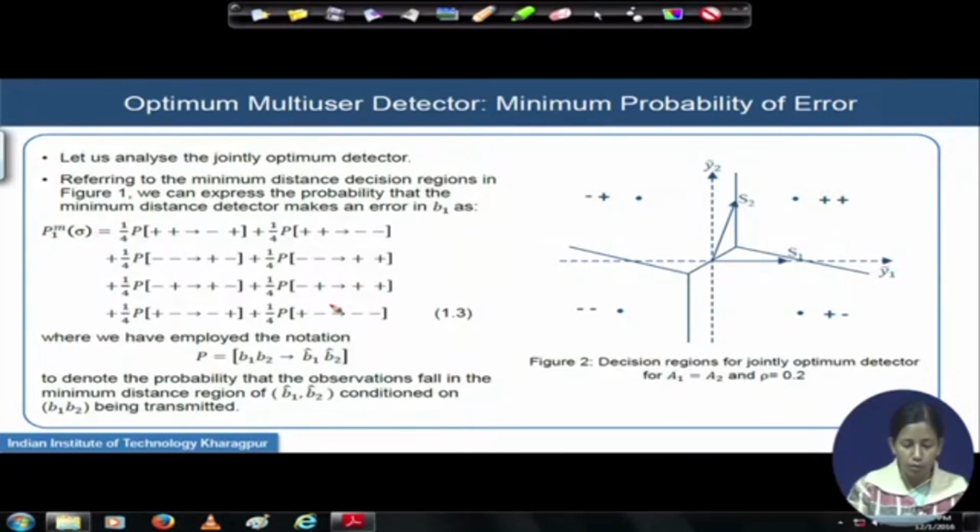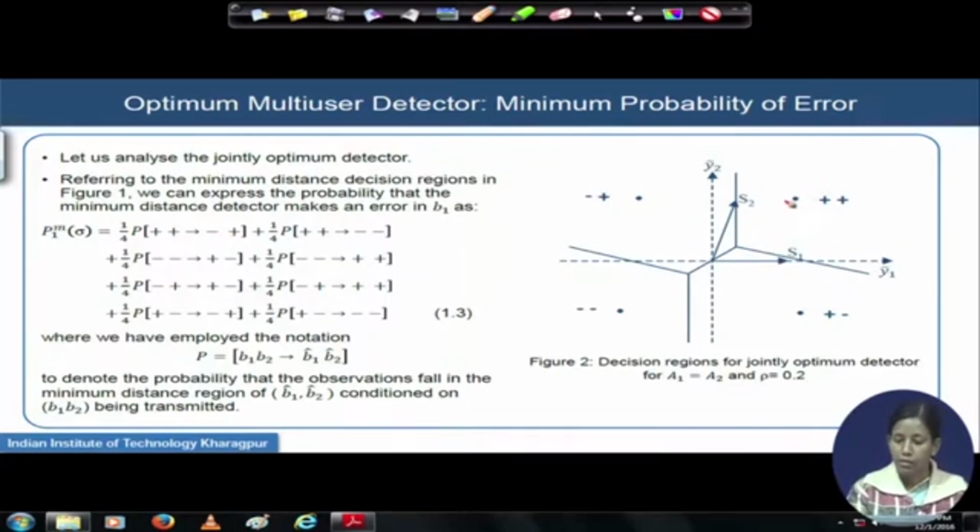What I have written is 1/4 times the probability that you transmitted both signals +1 +1, I mean B1 and B2 plus, but because of a wrong decision or changes in the channel, you detected it to be -1 +1.